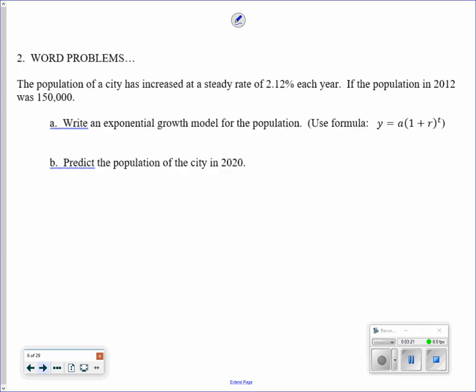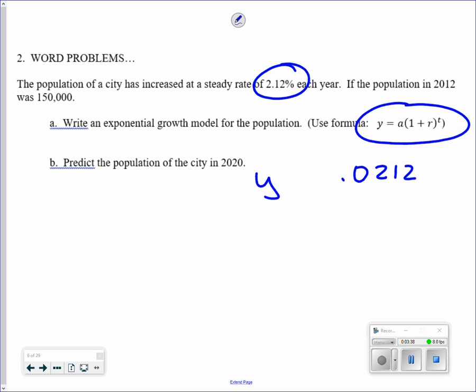Next, word problem. The population of a city has increased at a steady rate of 2.12%. As a decimal, that is 0.0212. If the population in 2012 was 150,000, using the formula now, y equals 150,000 times parenthesis 1 plus the rate that we just discussed, raised to the t power. That's the model.